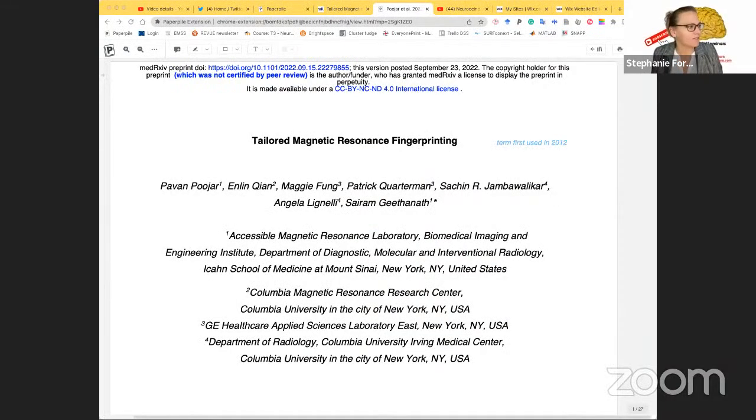Fantastic. Right, so I came across this paper on medRxiv and got quite excited about it, but I'm happy to see that we have a couple of physicists and engineers in the room to maybe put a bit more perspective for me, also in terms of the actual methods that were used in the paper.